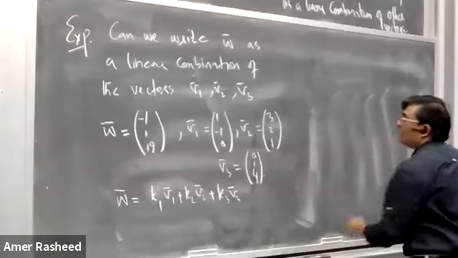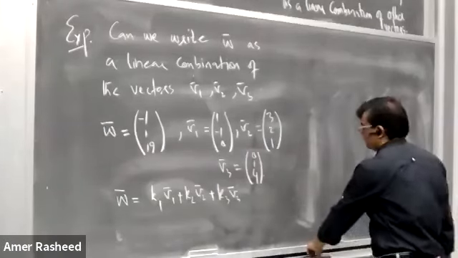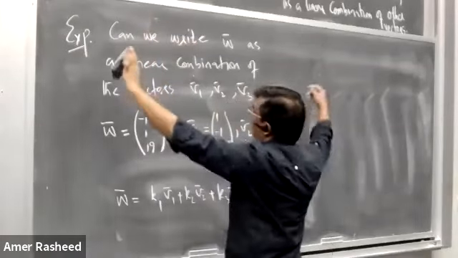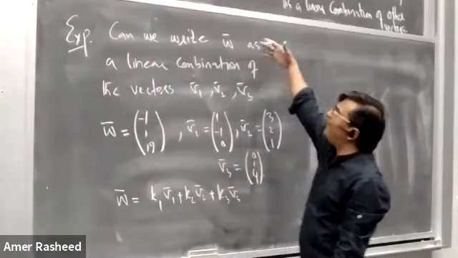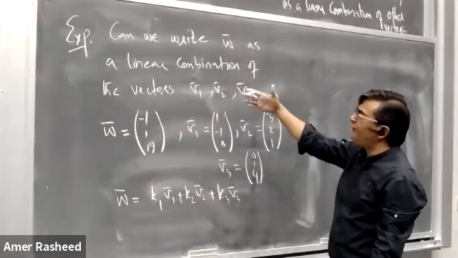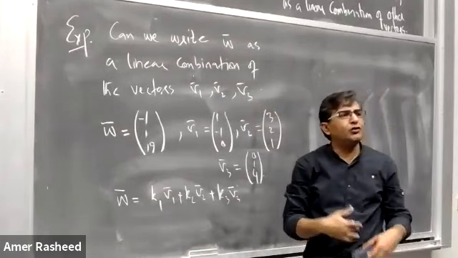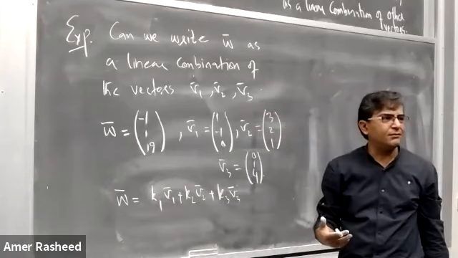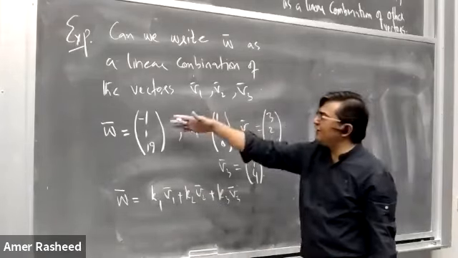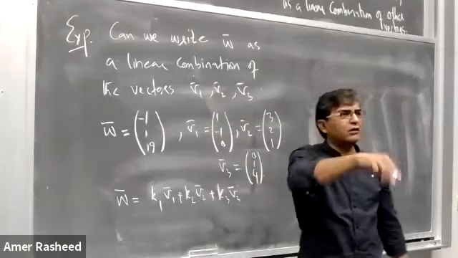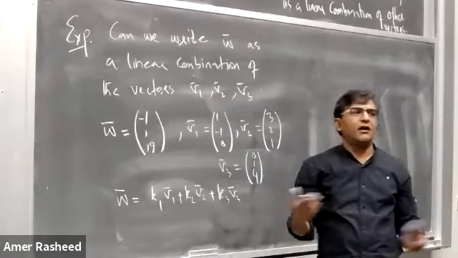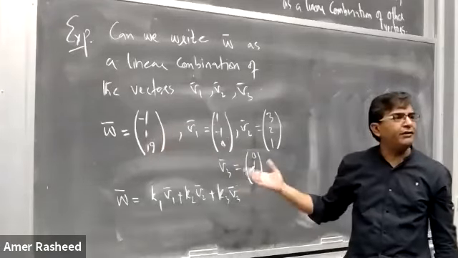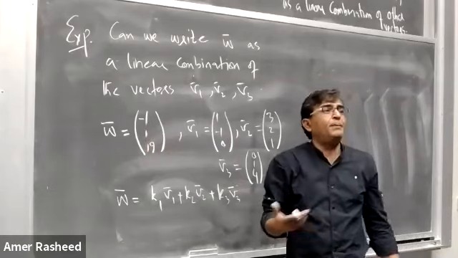If I ask you, can we write W as a linear combination of these vectors, then you don't need to write this kind of non-homogeneous linear system. What you do, you just put these vectors in the columns of a matrix, you check the determinant. If the determinant is non-zero, then we say that we can write W as a linear combination of V1, V2, V3. This is the simplest method.